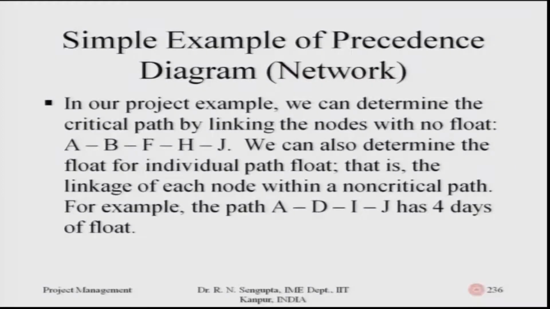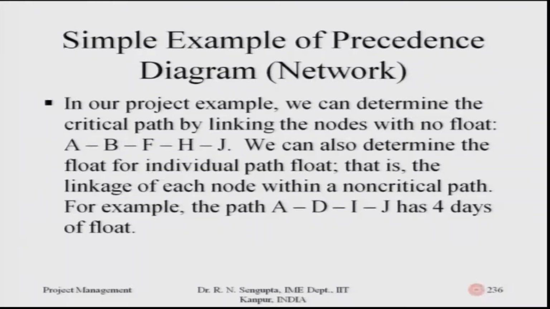In our project example, which we just considered, we can determine the critical path by linking the nodes with no floats. That means, if the float is 0, obviously there is no leeway of changing the duration or the end of those particular activities or jobs. So, here with no floats is the sequence A, B, F, H, J.